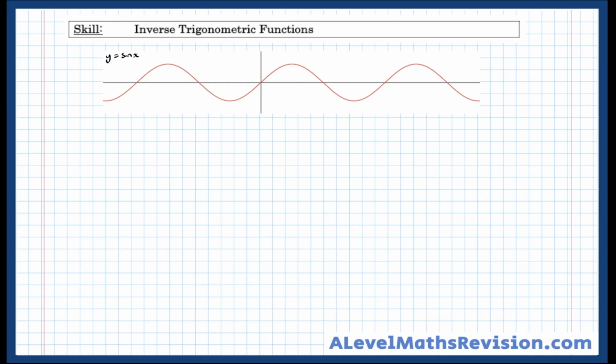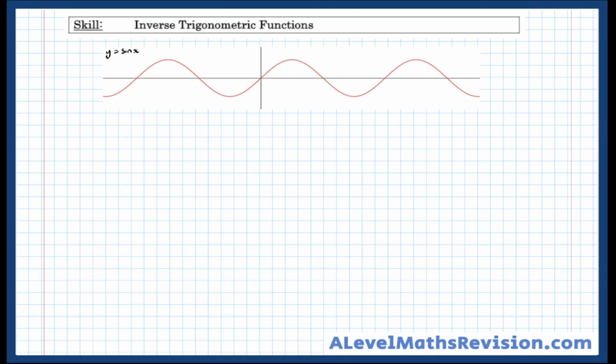So the first thing we're going to do is restrict the domain of sine x to make it 1 to 1. So we're only going to consider values of x from here to here. So the only valid part of the sine graph now that we're considering is this bit here, from minus pi over 2 up to pi over 2.